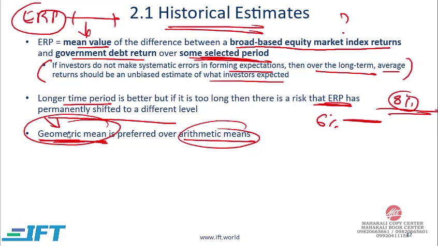The reason is that when you are doing valuation, you are typically looking over multiple periods. And when your horizon is multiple periods, and you are discounting back, remember, ultimately the equity risk premium is used to come up with the cost of equity, and then the cost of equity is used to discount.